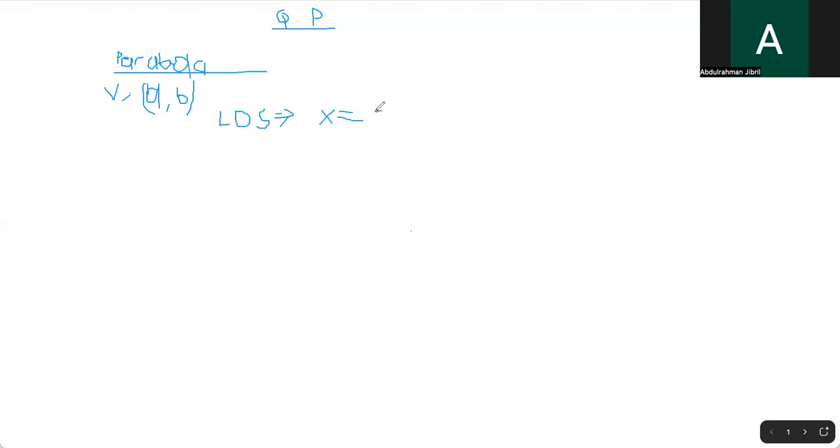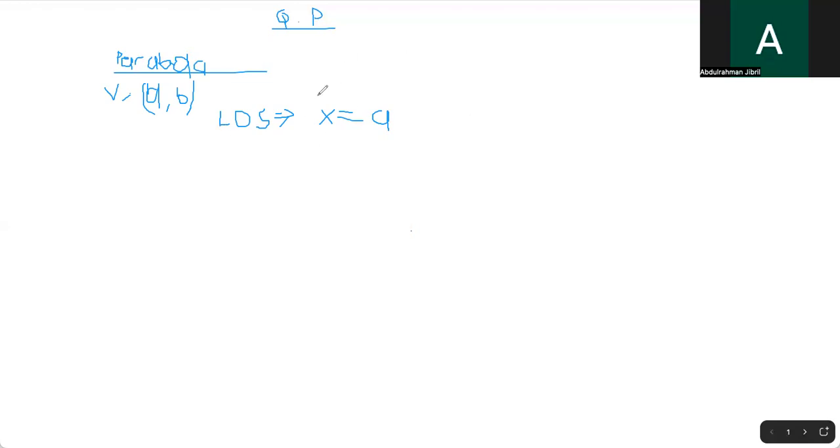a. Very simple. So you might be given a question where probably you are just given a quadratic equation in the standard form, in the vertex form, any form, or probably you can be given the vertex of a parabola directly, and you'll be asked to find the line of symmetry.